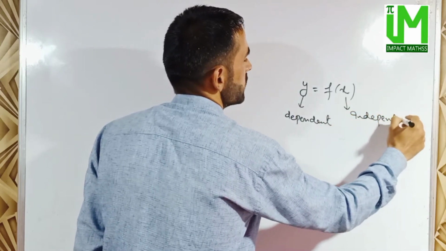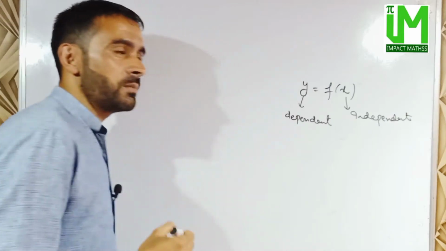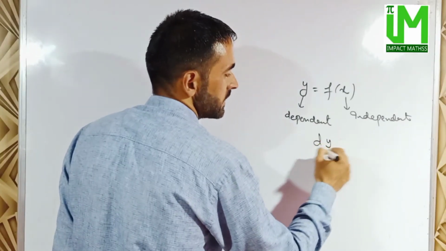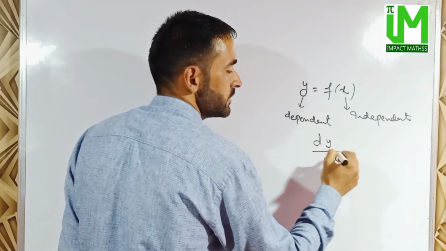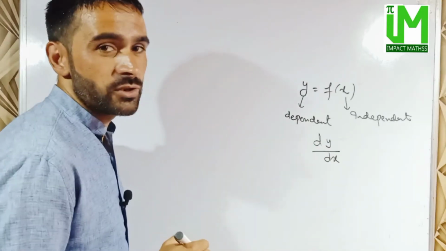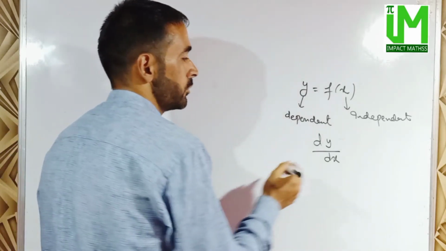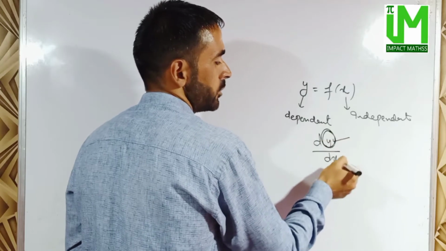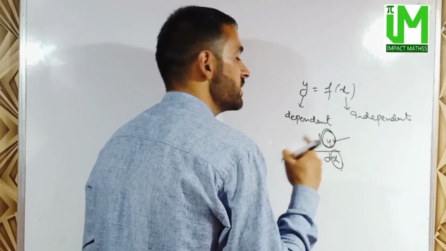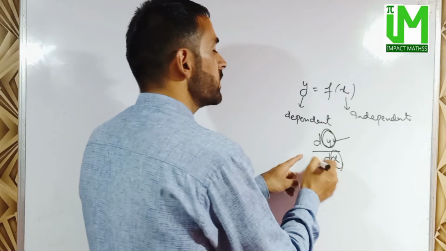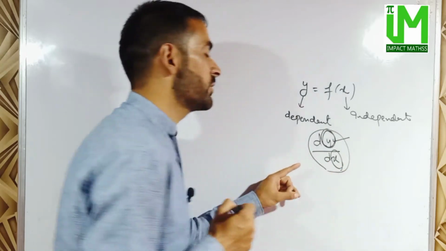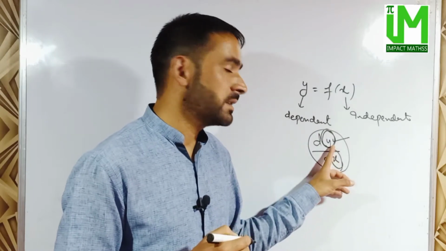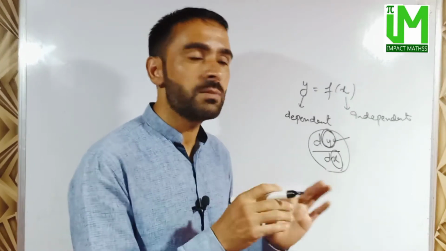As we know from the calculus portion, differentiation में हमने already ये देखा था कि अगर हम ऐसा लिखें dy by dx, so we always differentiate with respect to independent variable, so y is the dependent variable, and this x is the independent variable. And this whole thing will be called differential coefficient of y with respect to x, wherein y is the dependent one and x is the independent one.